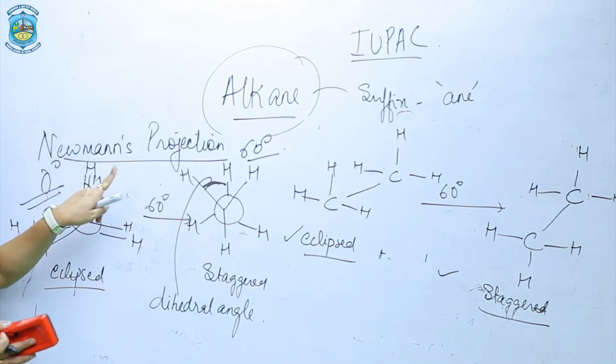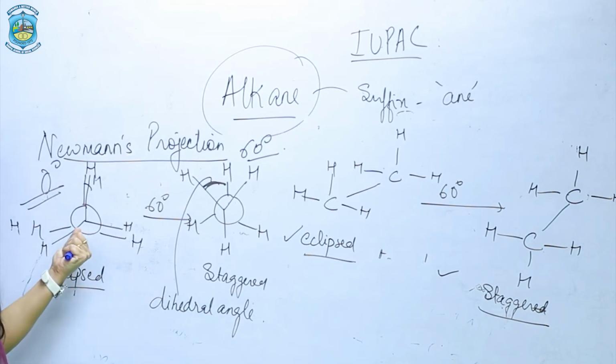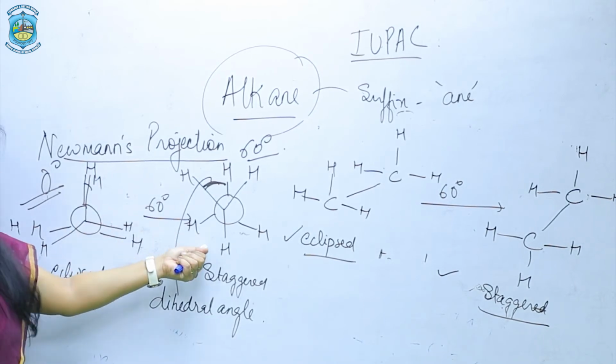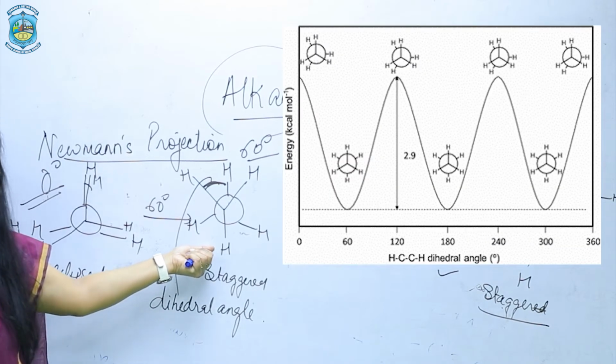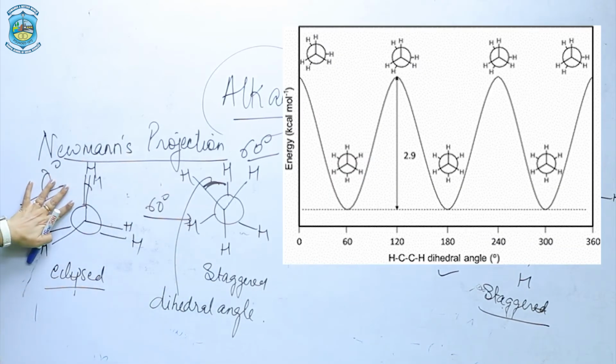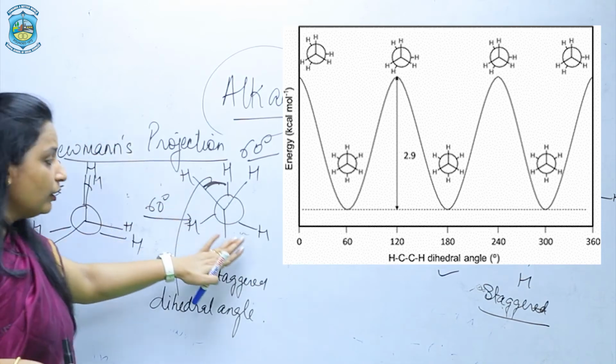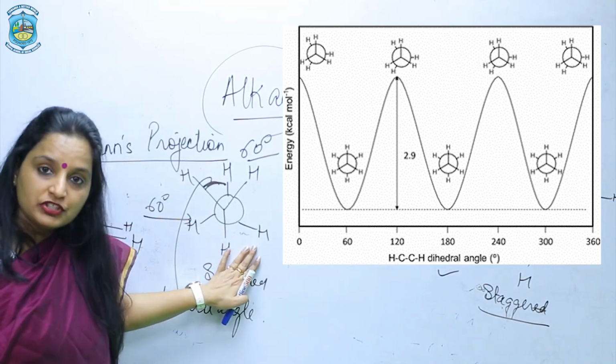In this case, when there is strain, the molecule has comparatively higher energy as compared to the staggered one, which indicates that higher energy ones are less stable and lower energy ones are more stable.